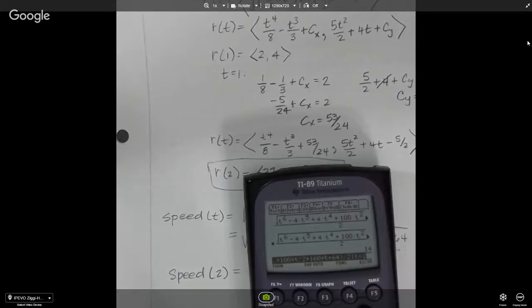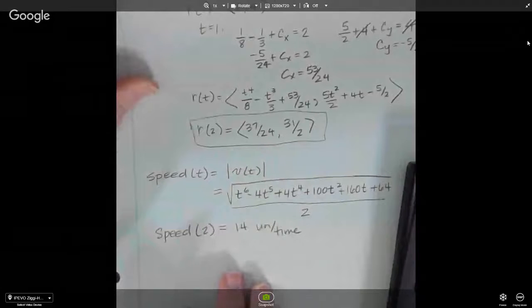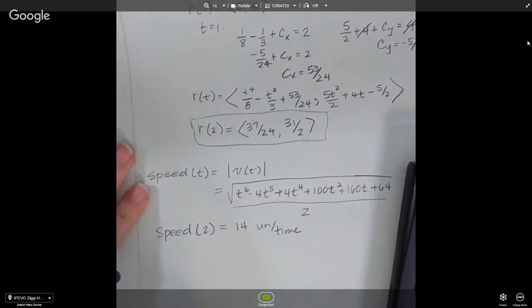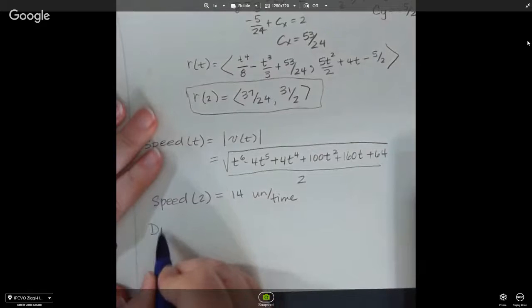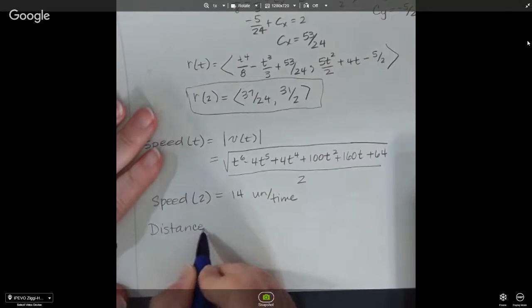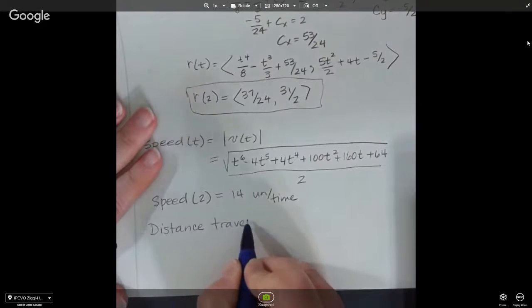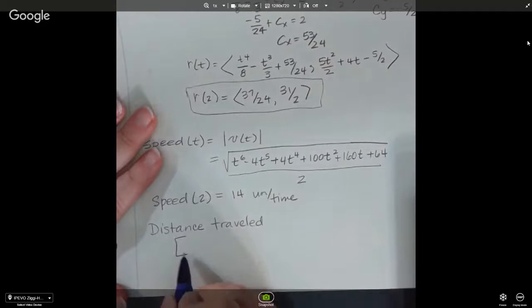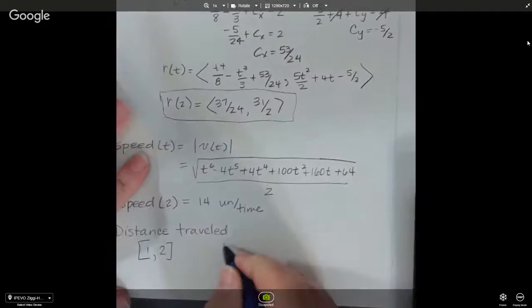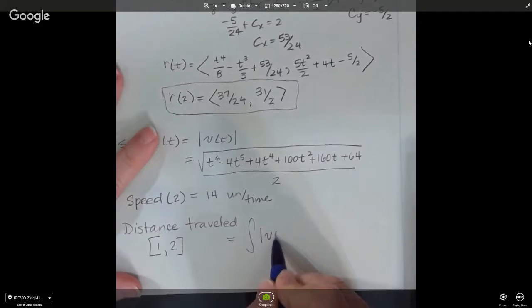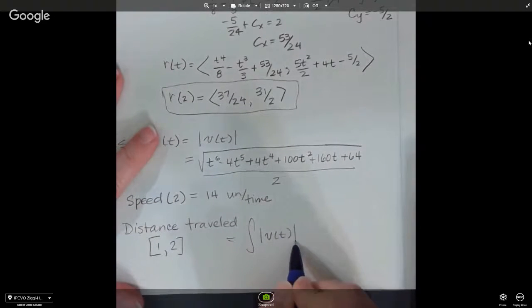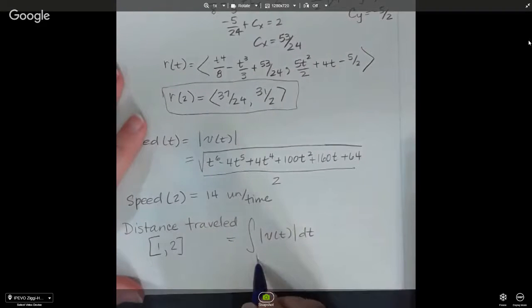Now, if I wanted to know the distance traveled between 1 and 2, that is the integral of the magnitude. Between 1 and 2, that's going to be the integral of the magnitude of v of t dt from 1 to 2.